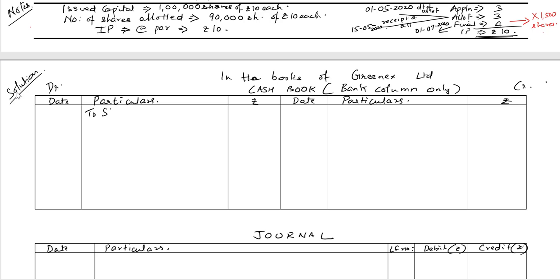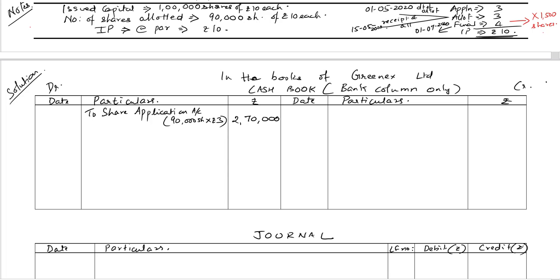So to share application account, the amount is 90,000 shares multiplied by rupees 3 per share. Amount 2,70,000 rupees.